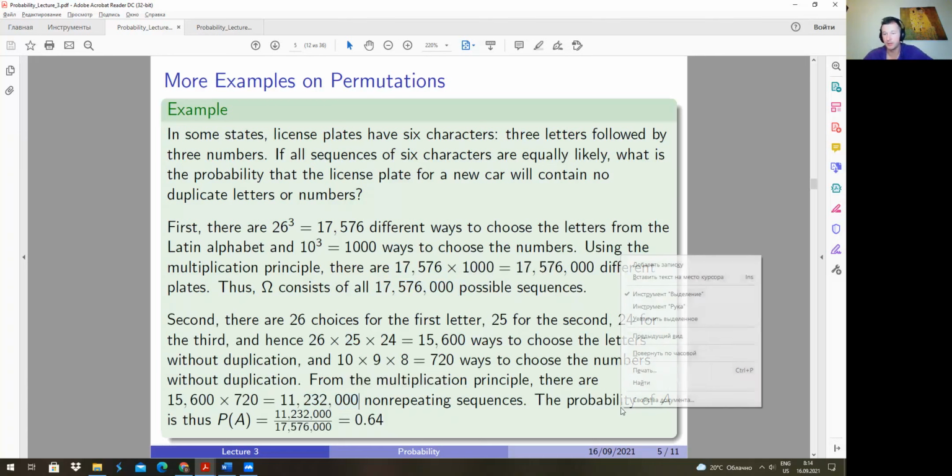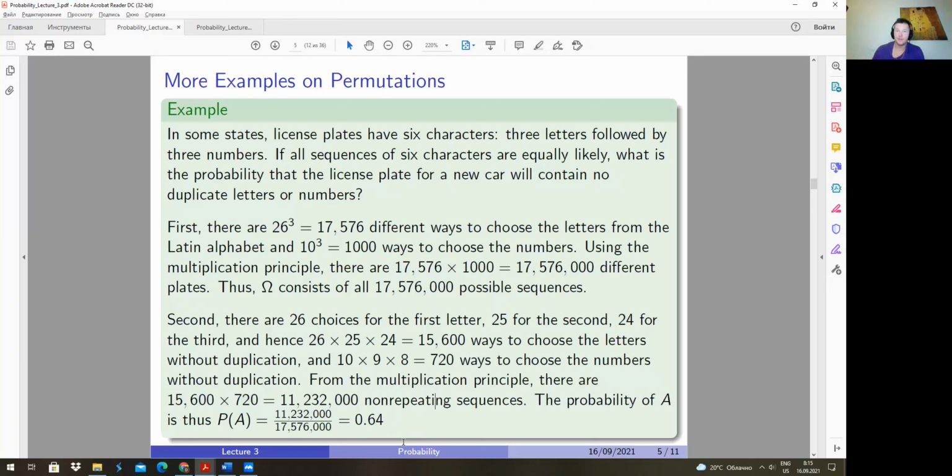So the probability of an event A, which is the probability to get a license plate without repeating characters, is 64% or 0.64. I hope this example gives you an idea of the difference between permutations with replacement and permutations without replacement. With replacement means that you can use the same element several times.